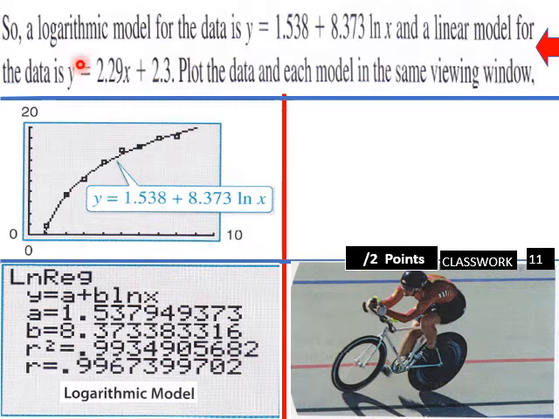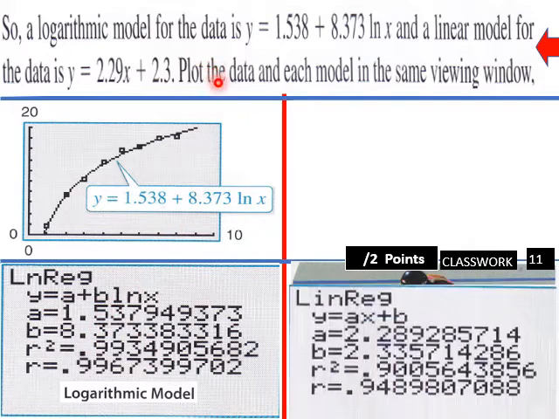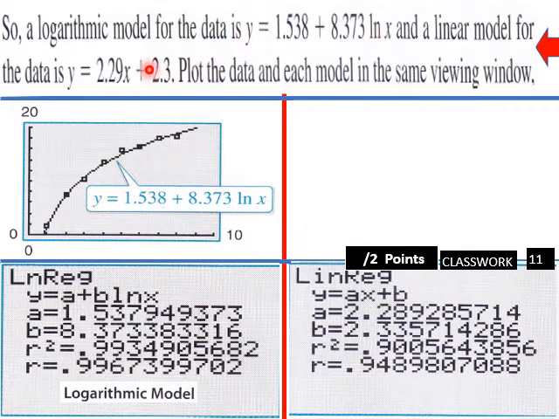So the log model for the data is here, 1.538 plus 8.373 natural log x. So here's our b. And the linear model for the data is ax plus b.